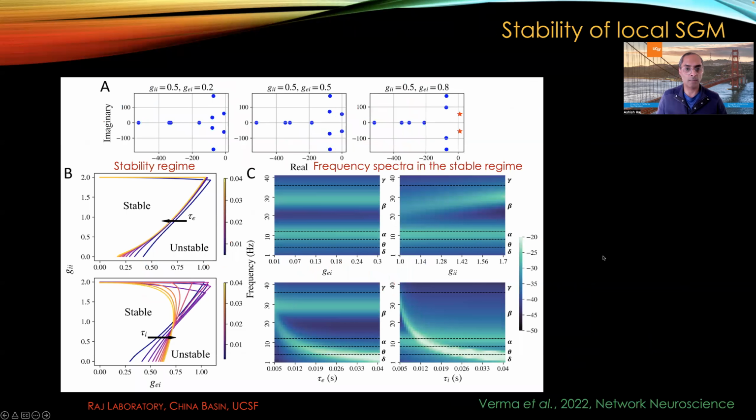Now going to the plots of frequency, you can evaluate the stability based on when the eigenvalues transit to the imaginary axis.